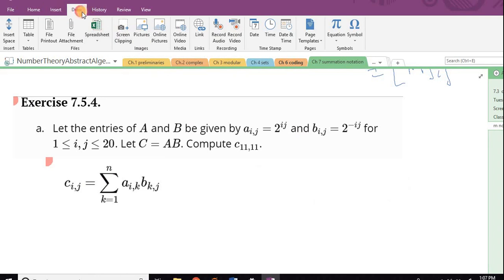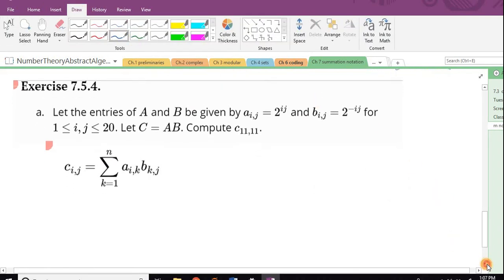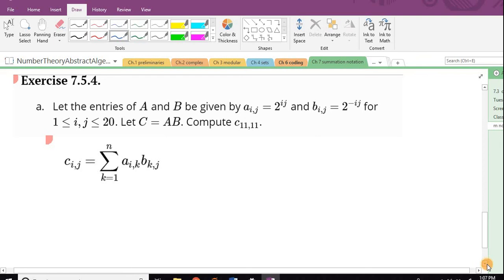All right, so let's see how to do this. What we want here is, it seems like even the letters are the same, so we just want to plug things in. AIK is going to be 2 to the IK, and bkj is going to be 2 to the minus kj. So I'll figure out what the limits are later.